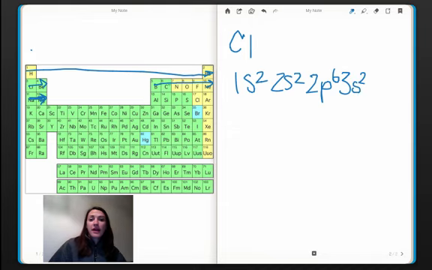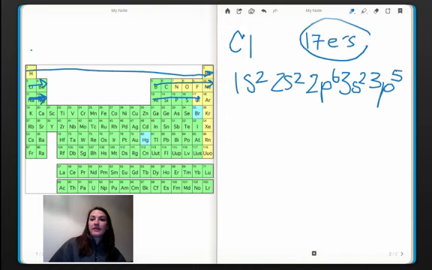Write smaller. And then we've got 3p, 1, 2, 3, 4, 5. 3p5. And if you add up the electrons here, it should be the same number of electrons that chlorine will have, which is going to be 17. So I've got 2 plus 2 is 4, plus another 6 is 10, plus 2 is 12, plus 5 is 17, so it's going to be 17 electrons, and that is perfect.